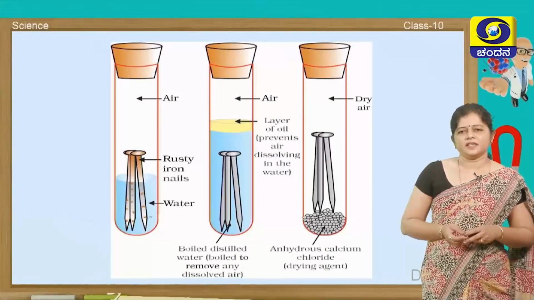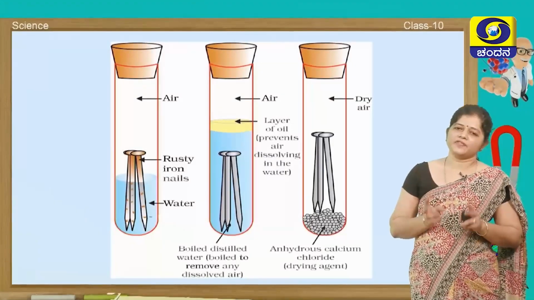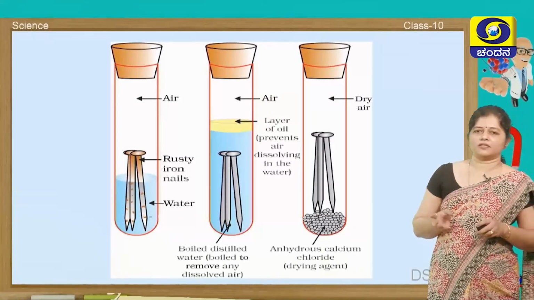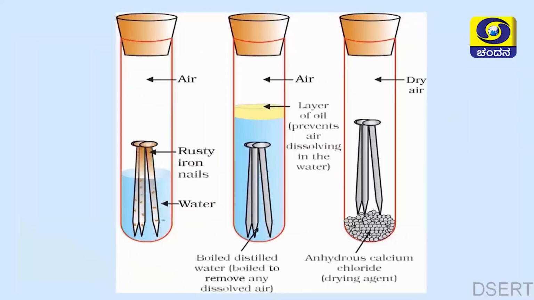So, this is an experimental setup where we will find out whether the iron rusts or not. We have taken 3 test tubes, we have introduced iron nails, and in one test tube we add water to half level, wherein the iron nails will be immersed only till the half of that, and air is present in the remaining part of the test tube.